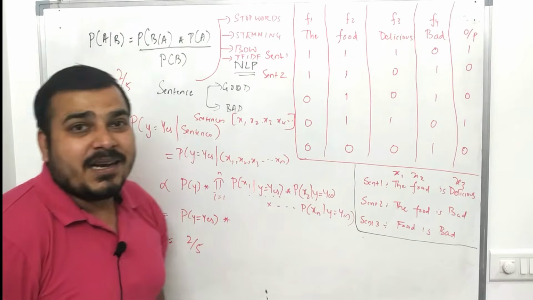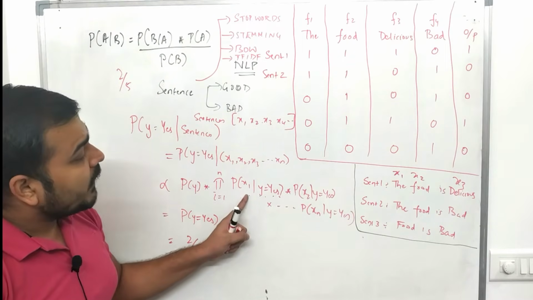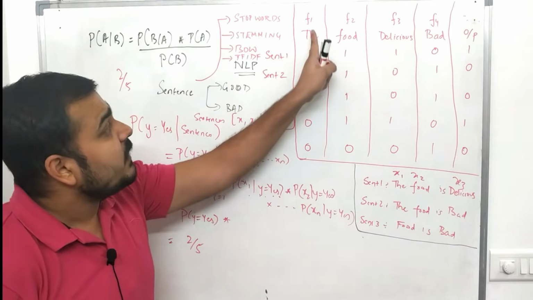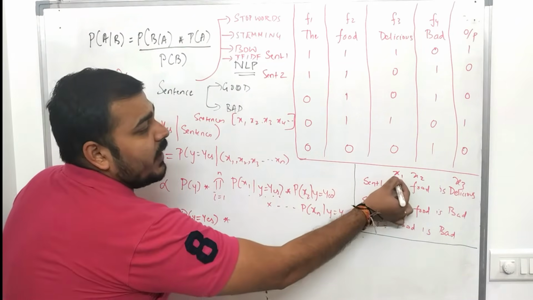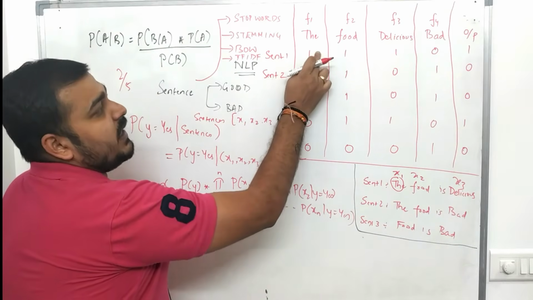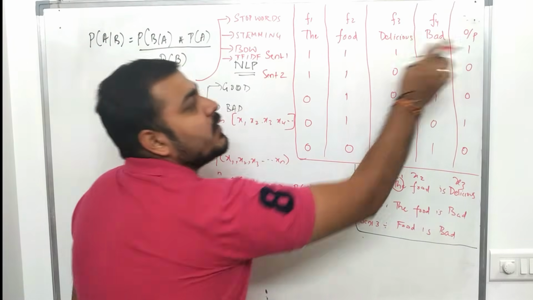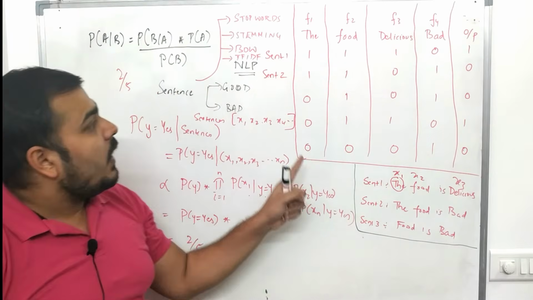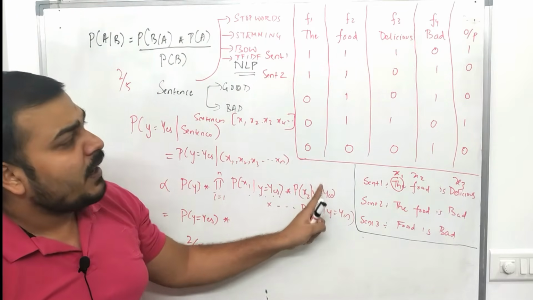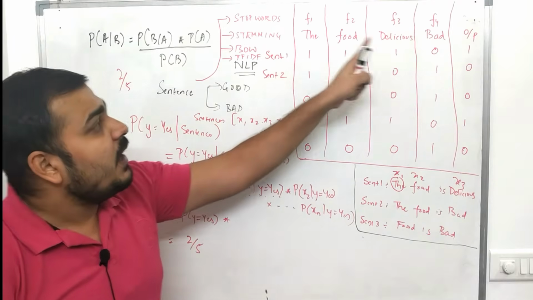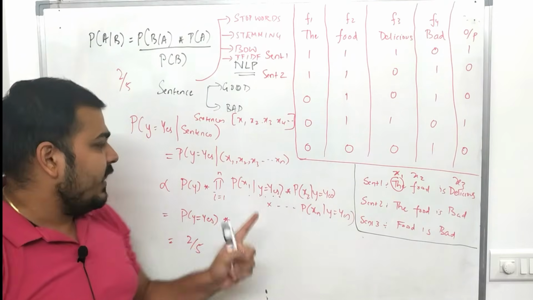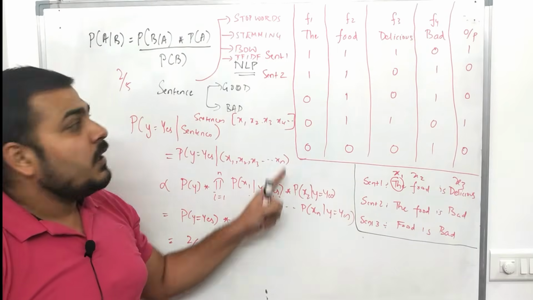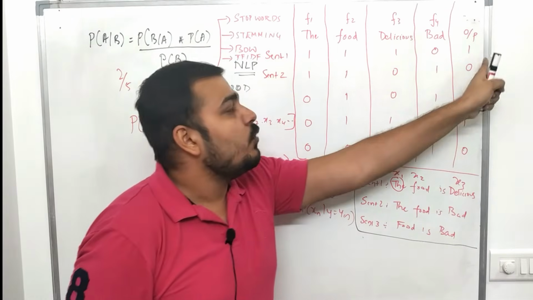Now the main task is the multiplication of the probability of x1 given that y is equal to yes. Now go and see x1. Here x1 for this sentence is "the." See where "the" is present and the output is 1. Over here you can see 1 count; you cannot see any other values where "the" is present and the output is 1.